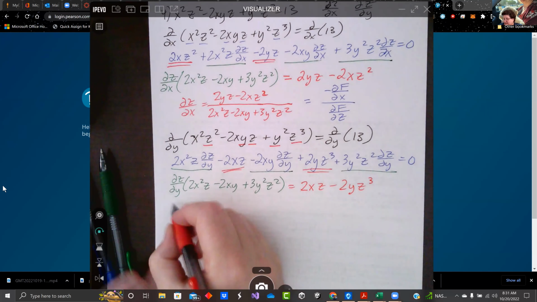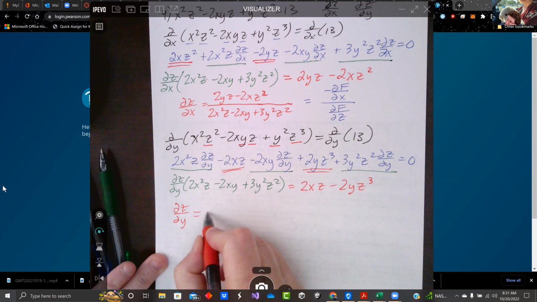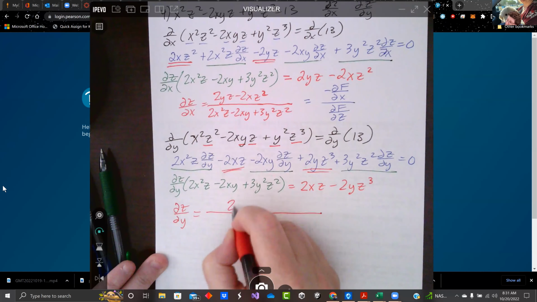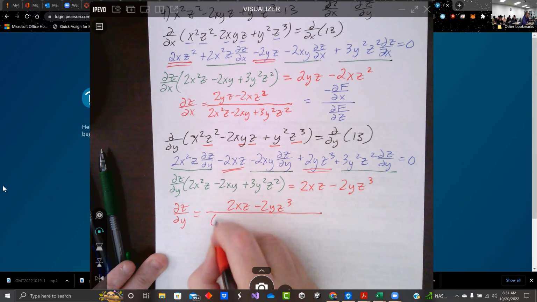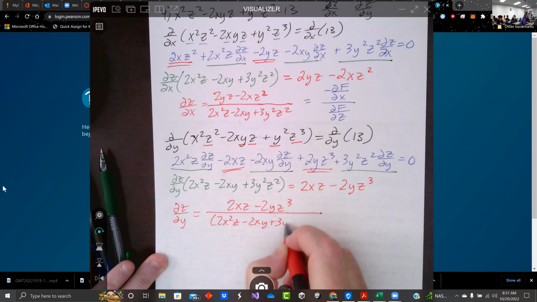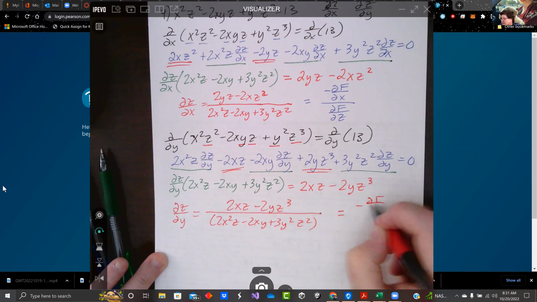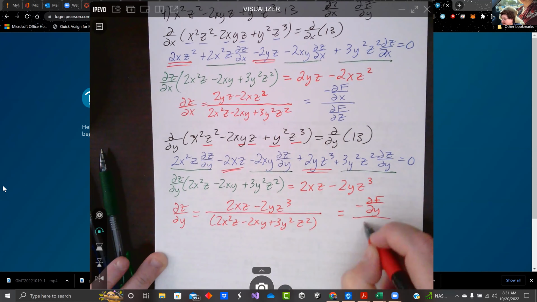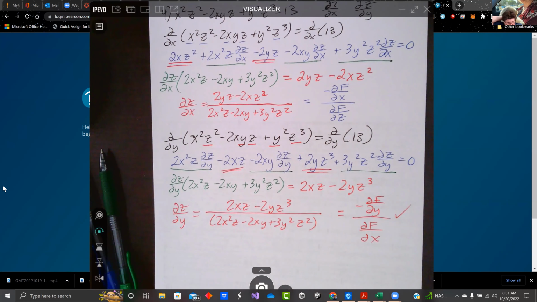And we finish it off by getting rid of dz/dy's coefficient through division. And this should equal negative df/dy over df/dz. And you can verify that and check it. So you have a check.